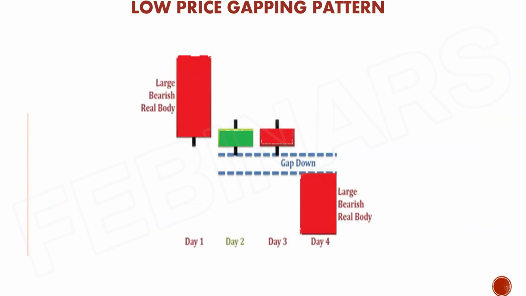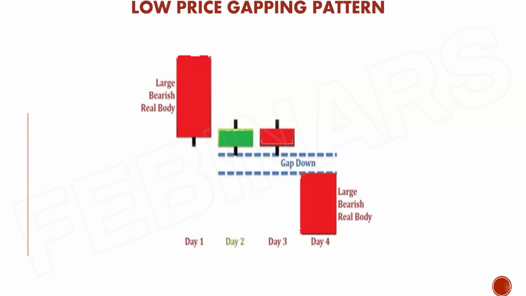Once the gap down happens, as the markets are trending down, we have to understand how the trend happens to be, and once the bearish candle occurs, the continuation usually happens with the gap.